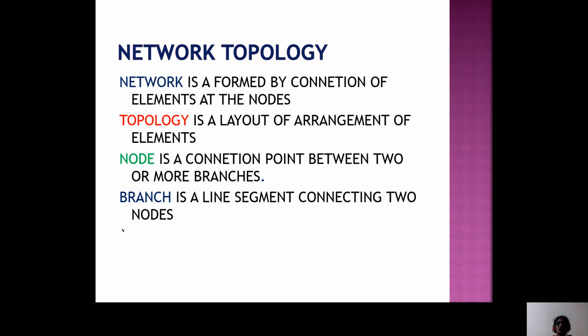Topology is the layout or arrangement of the elements. A node is the connection point between two or more branches. And a branch is a line segment joined between two nodes.